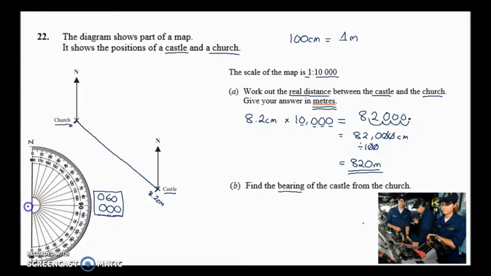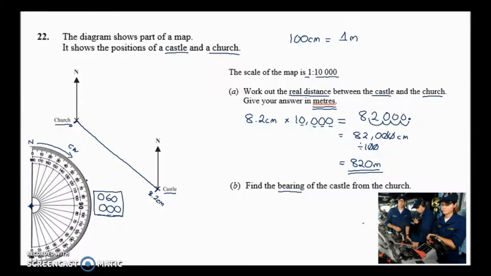Your little crosshair bit here would have to line up with the location itself. So you would put that either on the church or on the castle, depending on which one you're measuring. And you must always measure in a clockwise direction. Always.